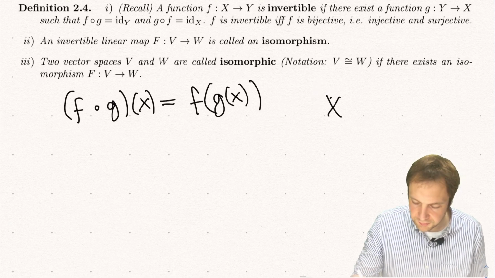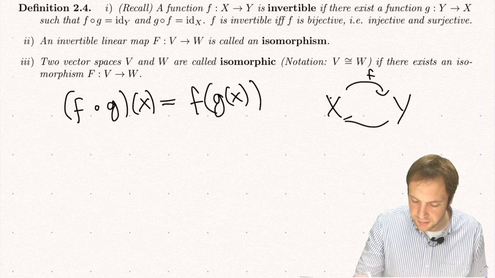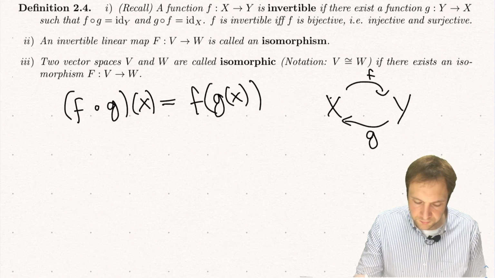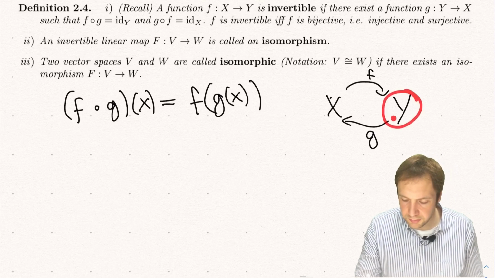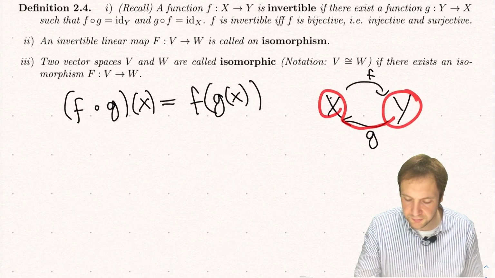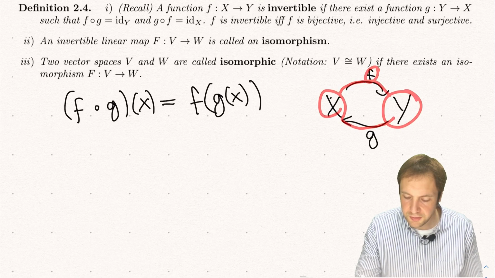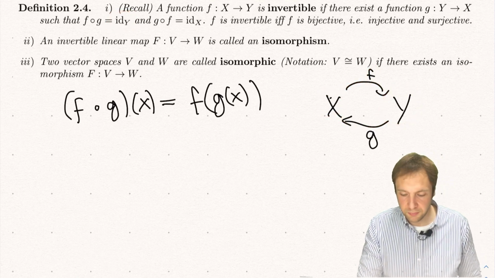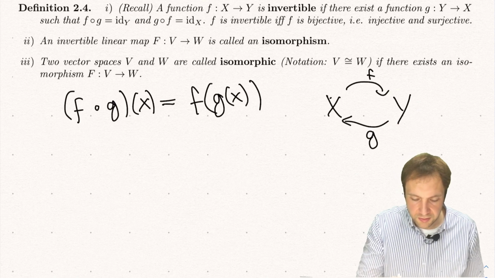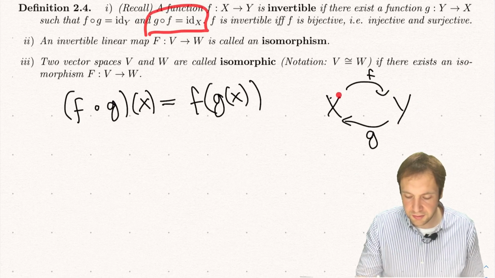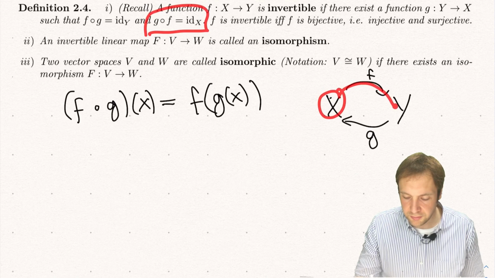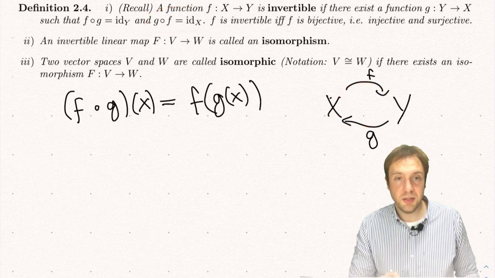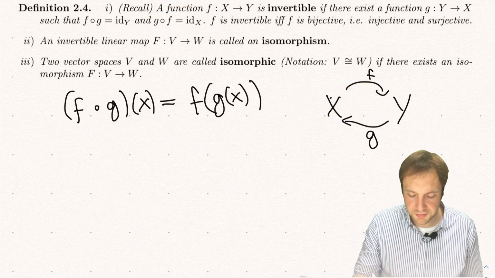So I have X and Y here, and I have f here, and g in the other direction. So if I start in Y, then go with g to X, and then go back with f, then this should be the identity on Y. So this shouldn't change anything. And also the other condition is if I start in X and go to Y and then go back with g, this should also be the identity.